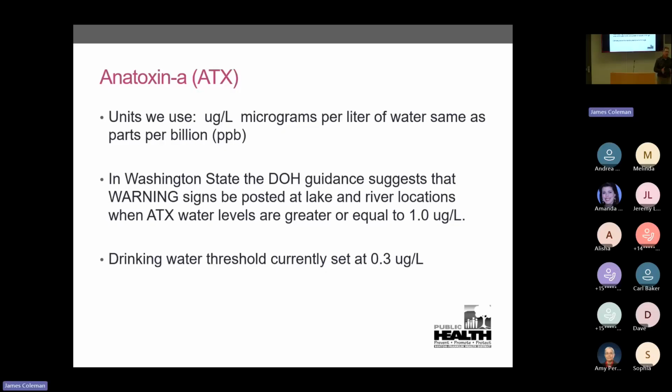If you look at different states, they'll have their thresholds set at different levels, and it's just a basis of what the epidemiologists in that state think when they read the reports about the toxicology. Some think it's more severe than others. So anyway, you'll find sort of inconsistencies going from state to state, and sometimes that causes a bit of confusion. But these are our thresholds for anatoxin in the state of Washington.